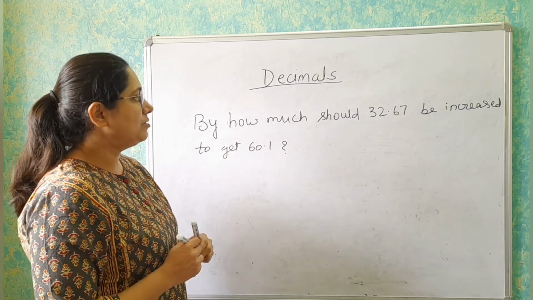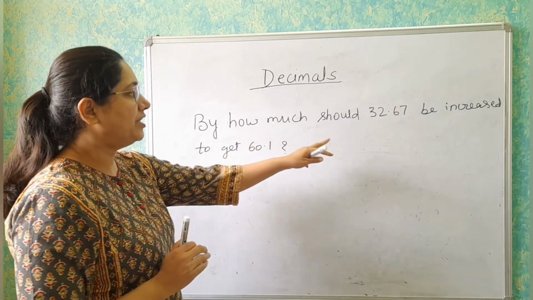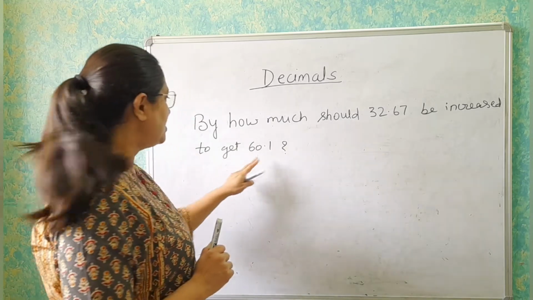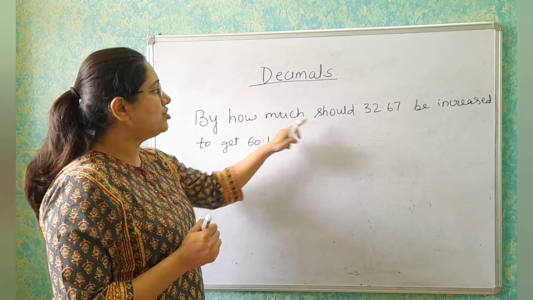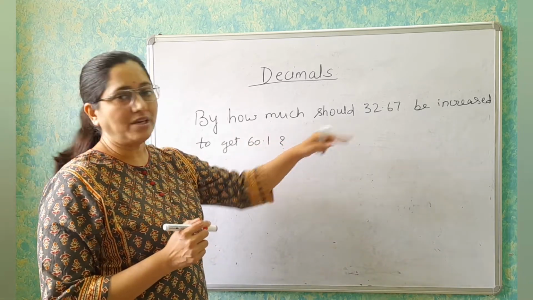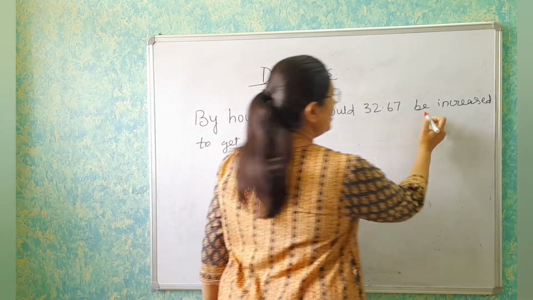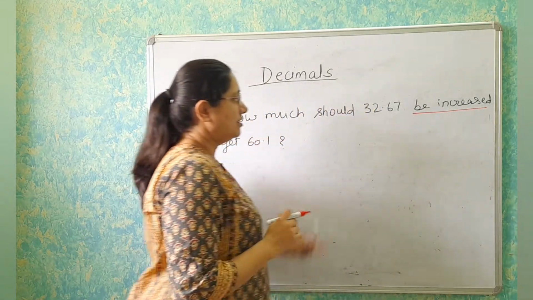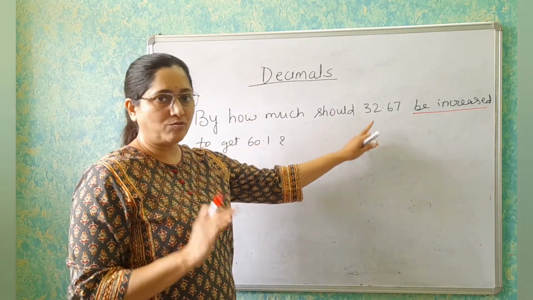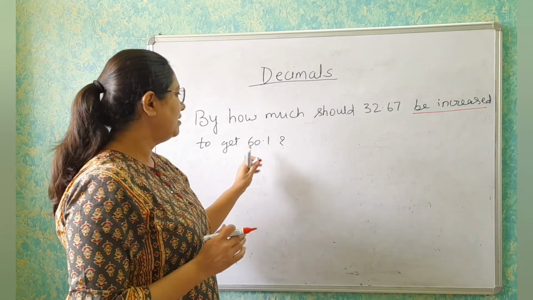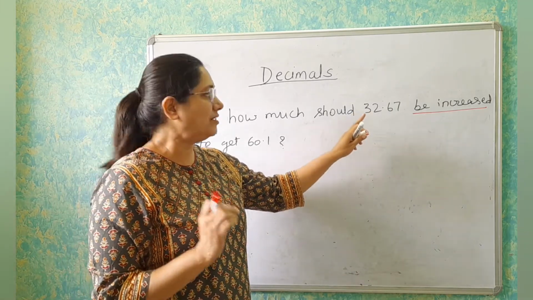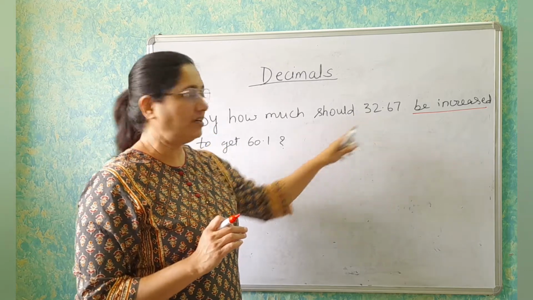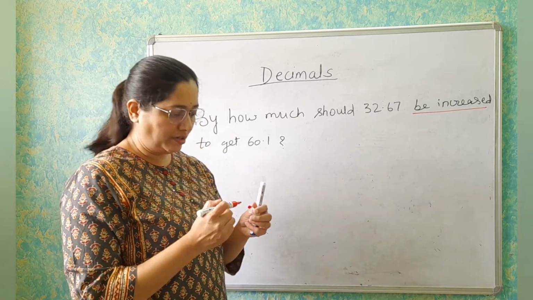In this problem sum, there are two numbers, 32.67 and 60.1. And what is the question? By how much should 32.67 be increased? Be increased shows that 32.67 is a smaller number, as you can see, and 60.1 is a greater number, and we have to add a number to 32.67 to make it 60.1.